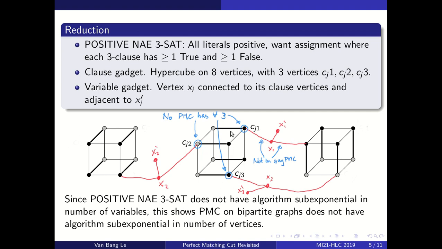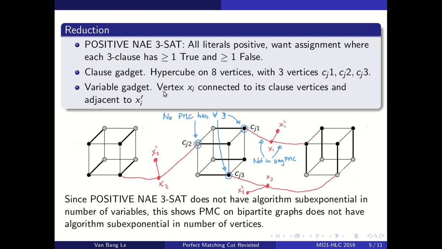So this will allow us to conclude that any assignment that has at least one true and one false can be transformed into a perfect matching cut, and vice versa. If you have a perfect matching cut, then we can transform it into an assignment where there is at least one true and at least one false, not all true and not all false.